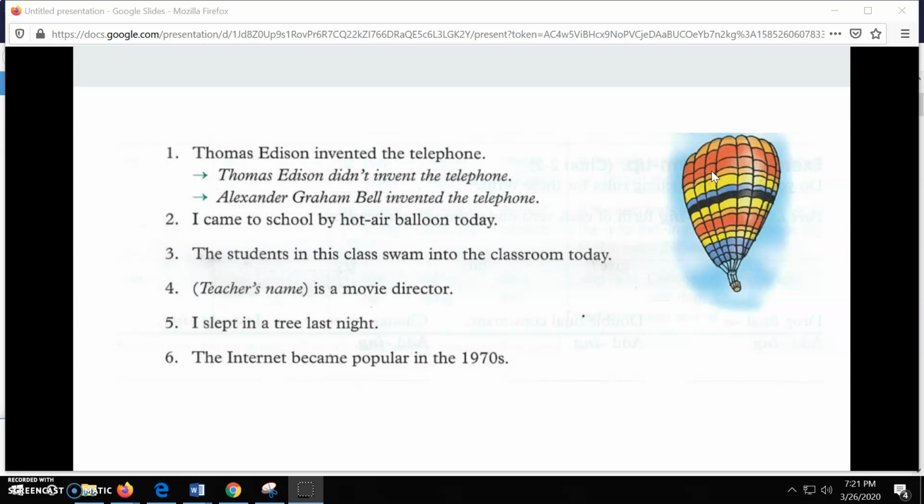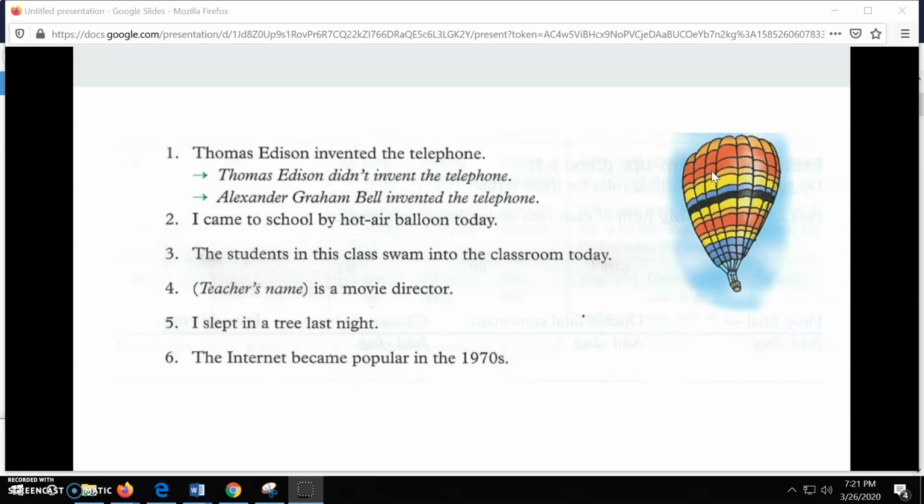Okay, this exercise is for speaking. We're going to read some sentences that contain inaccurate information, information that is not true. What you need to do is make true statements by first making a negative statement and then making an affirmative statement using accurate information.